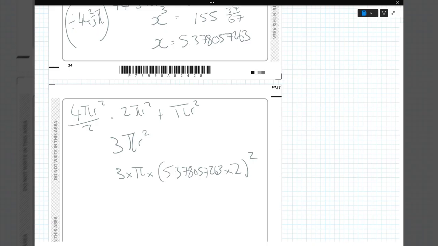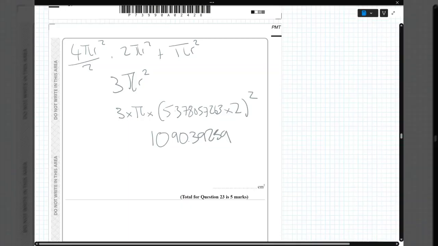We can do this bit by bit. 5.37805763 times 2, squared, times 3, times pi, gives me 1090.39259. And if we round that, it's 1090.